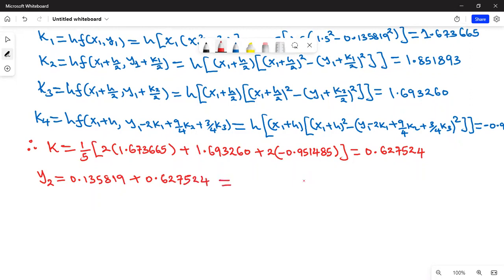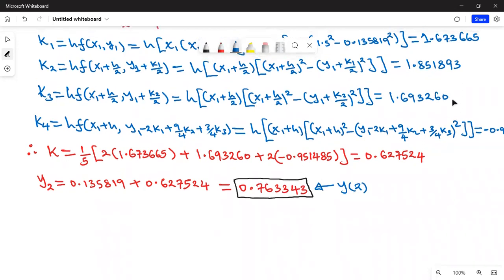When you press this in a calculator, you need to get 0.763343. So this is the value of y when x is equal to 2. So let's comment on this and write it is the same as writing y when x is 2, y2. And that's what you are required to find. So we have found it.